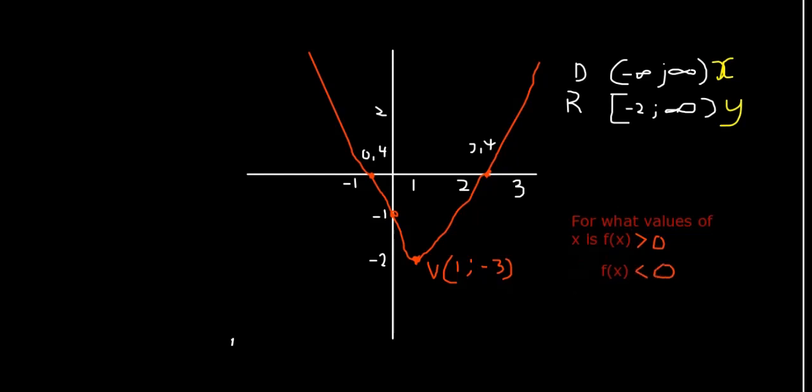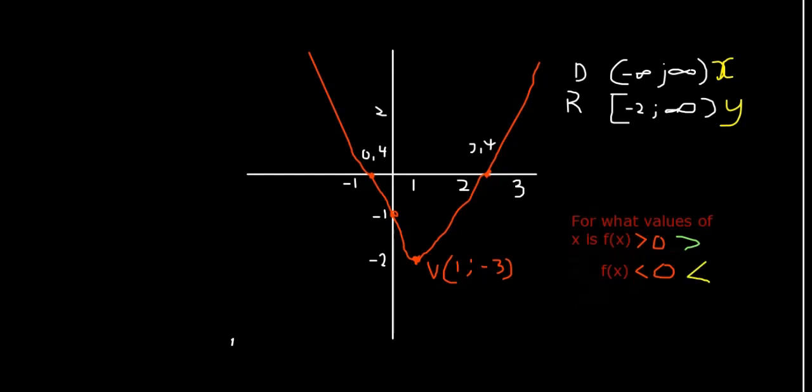They will ask you a question like this: for what values is f at x, which is y, greater than 0? When you look at this formula, for greater we use green, and we will use yellow for less than.